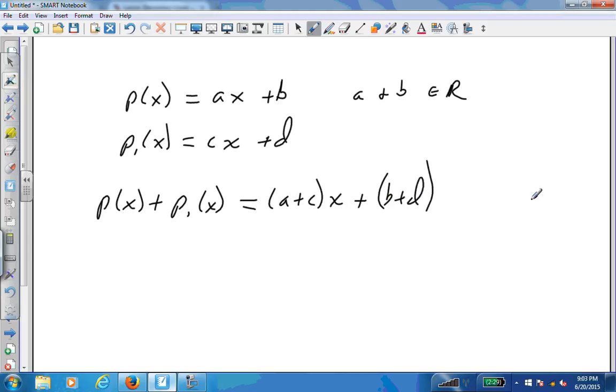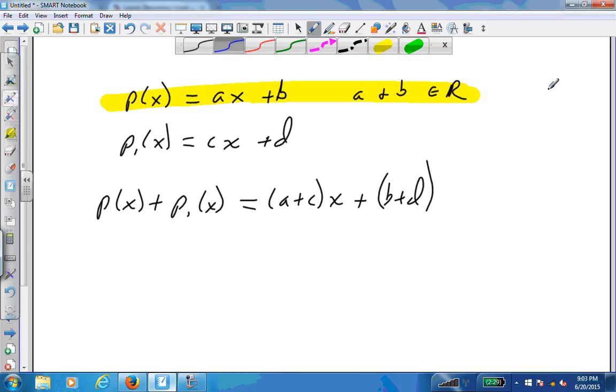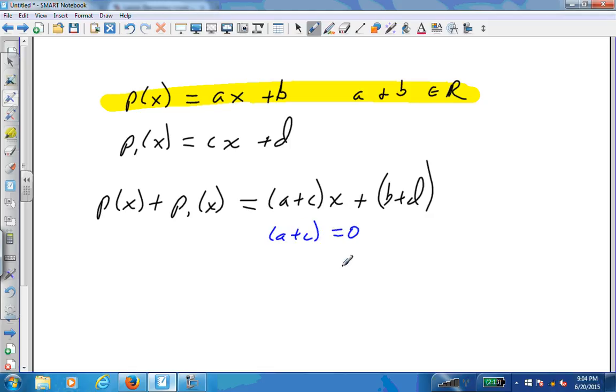So what would make this not a linear polynomial? This is what we defined our space to be, the set of all linear polynomials. And in order for it to be a vector space, if we add any linear polynomials together, we must be able to get another linear polynomial. Now, notice if a plus c equals 0, then we have 0x plus b plus d, which is b plus d.